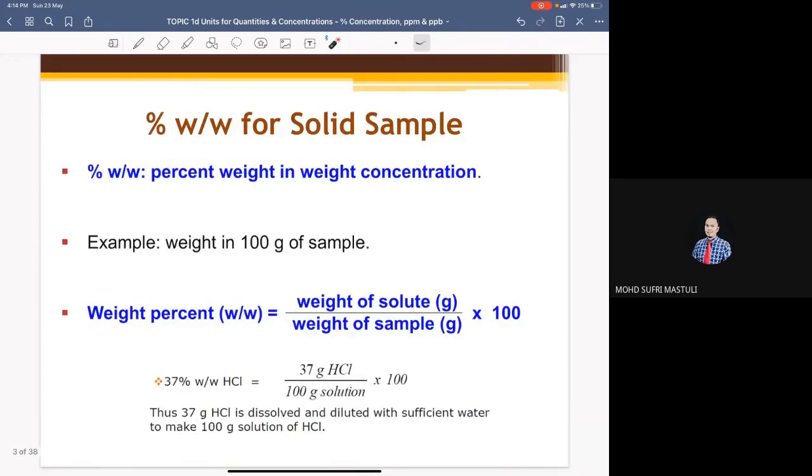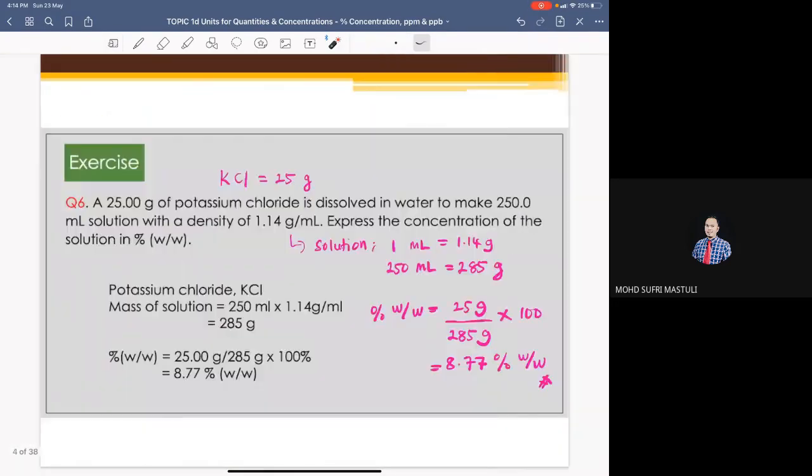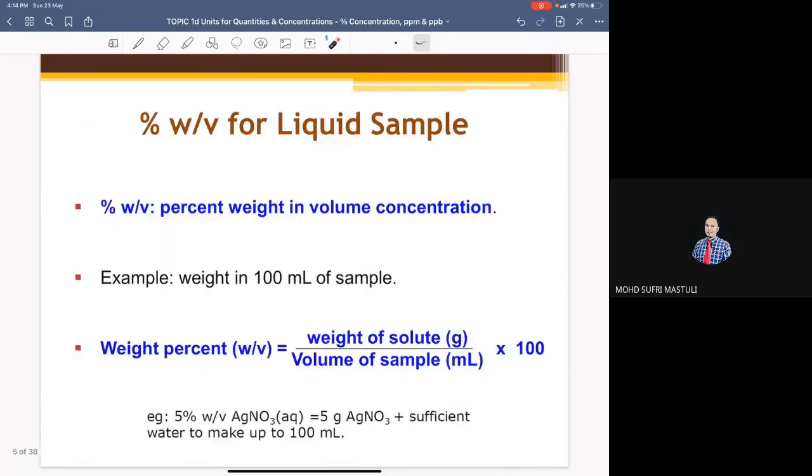Compared to this one, which is gram per gram, this one is gram per ml. For example, we have 5% weight per volume of silver nitrate, meaning 5 gram of silver nitrate in 100 ml of water.